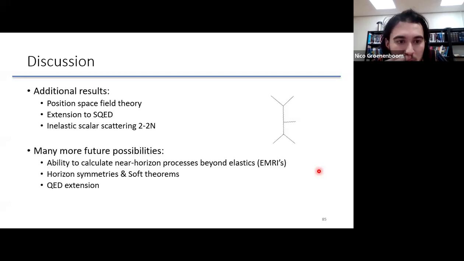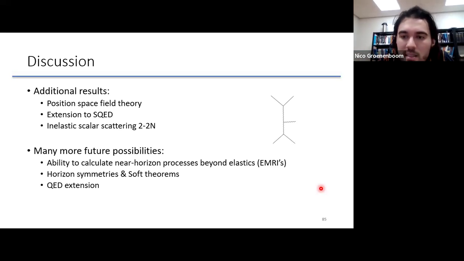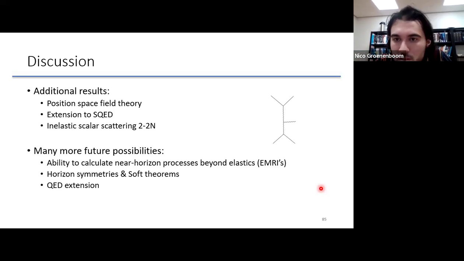And as mentioned, there are many more future possibilities. We hope, heuristically speaking, to be able to calculate the near horizon processes beyond the elastics, so the EMRIs, using radiative diagrams. And we hope to use the field theory to write down soft theorems and their corresponding symmetries, and possibly extend this to quantum electrodynamics to include fermions.